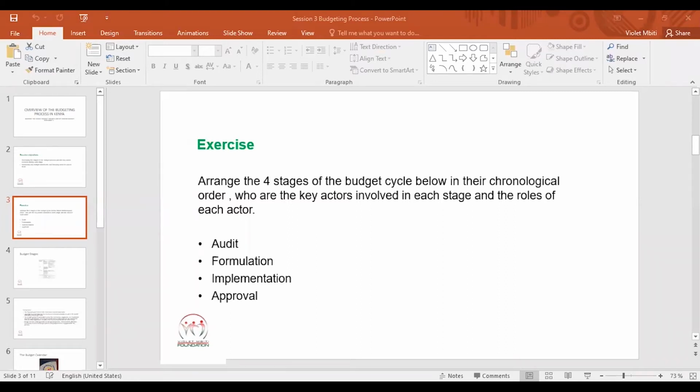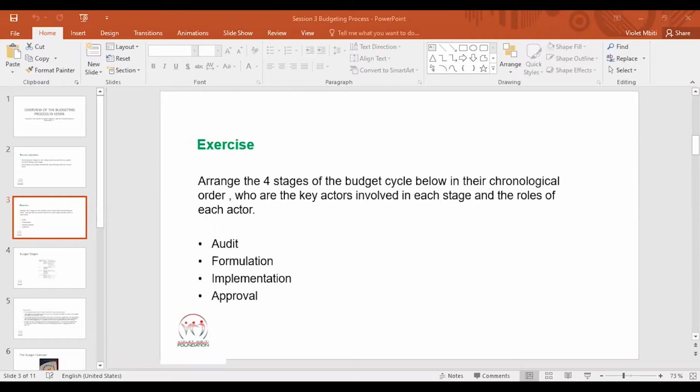Even Caroline commented on the chat with regard to the chronological order. She said formulation, approval, implementation, audit. Stephen also said formulation, approval, implementation, audit. Oh, great. So we've had feedback from all of them.